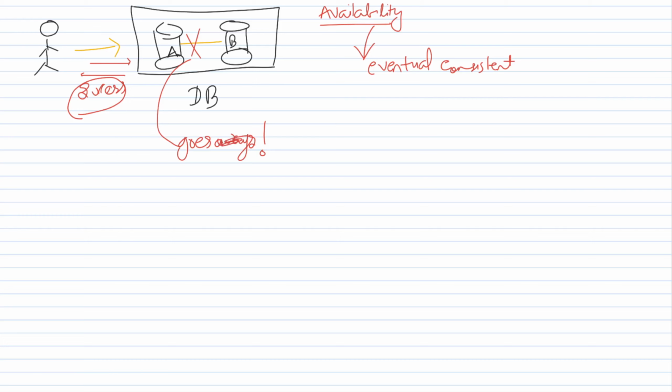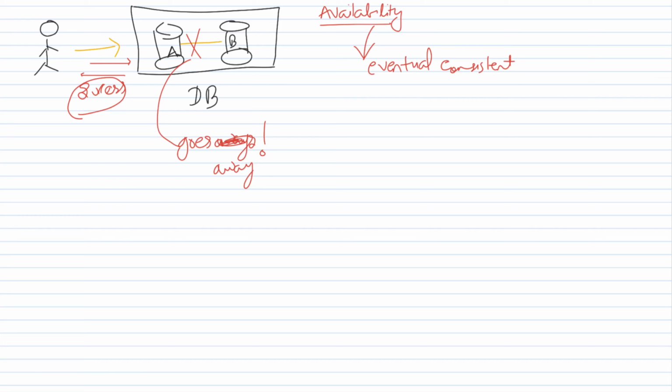Now this is why we cannot have availability and consistency at the same time in case of a partition. So you might think, what should we prioritize, consistency or availability? Depending on what matters in the system, we can decide.